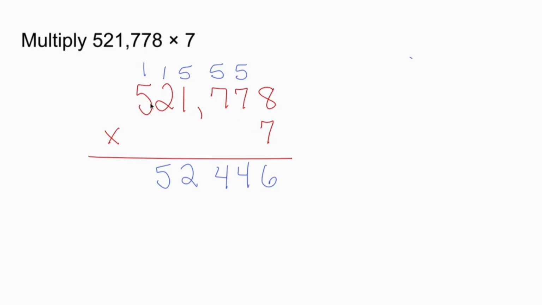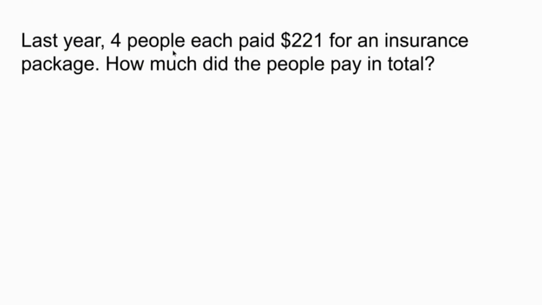Finally, 7 times 5 is 35. 35 plus 1 is 36. So since we're done, you write out 36. And then you count from the right. 1, 2, 3, comma, 1, 2, 3, comma, and we end up with 3,652,446.